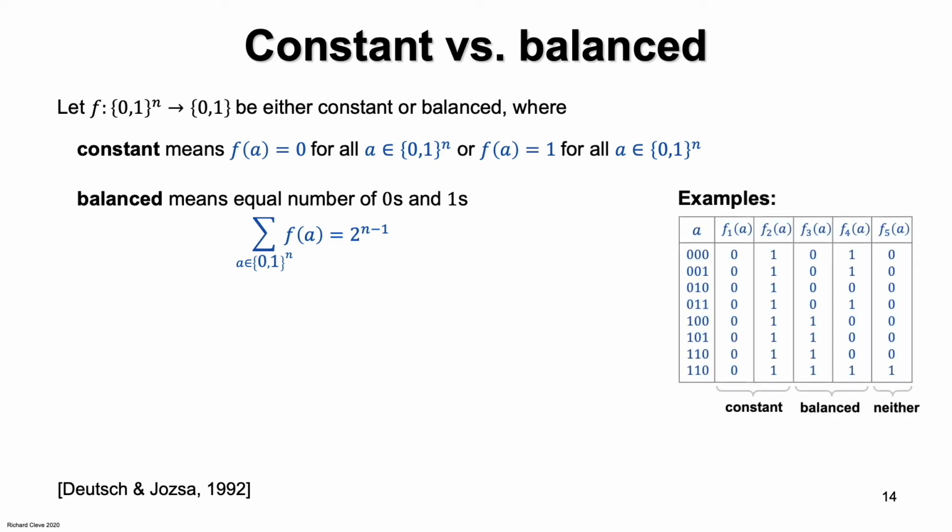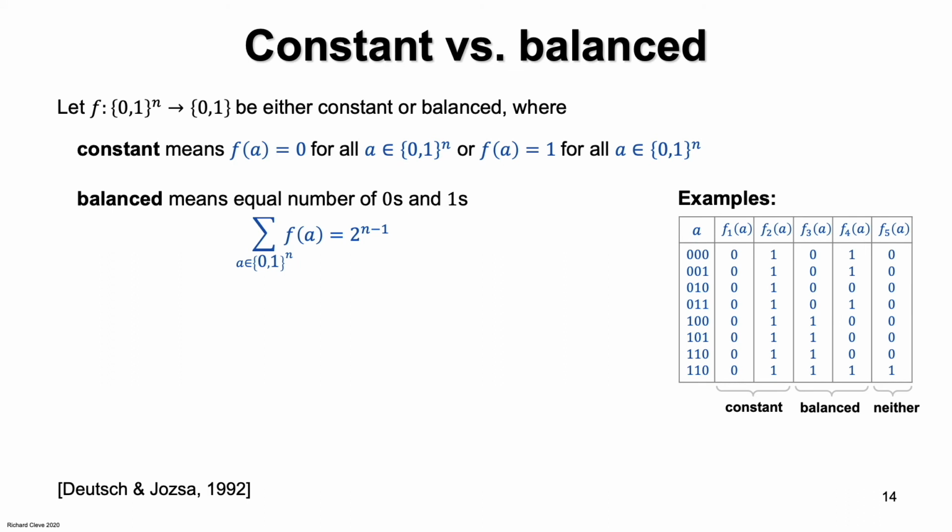Here are some examples of truth tables of functions for the n equals 3 case. The first 2 functions are the constant functions, the all 0 function and the all 1 function. The third function is a balanced function with all the zeros before all the ones.